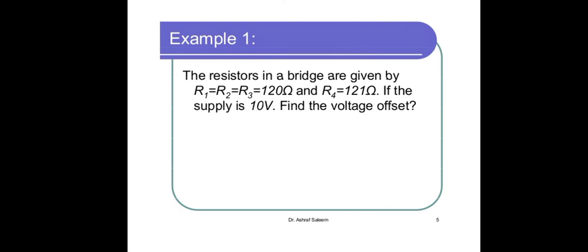Now let us solve this example. In the resistor bridge, R1, R2 and R3 are given as 120 ohm and R4 is equal to 121 ohm.